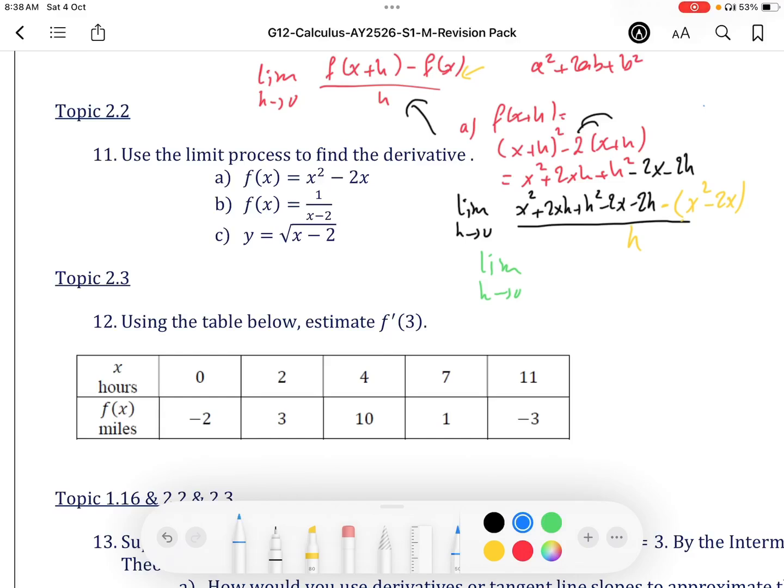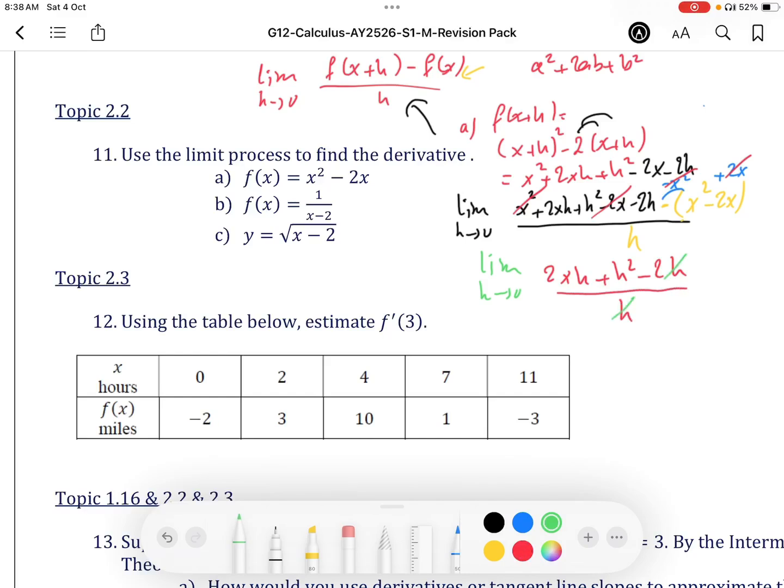So I'm gonna multiply, it will be negative x squared and positive 2x. Simplify, positive 2x, negative 2x, negative x squared and positive x squared. So it's going to be 2xh plus h squared minus 2h divided by h.